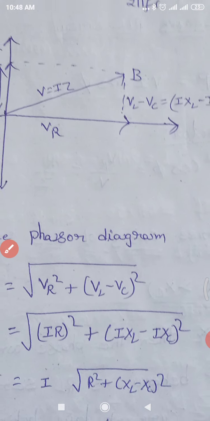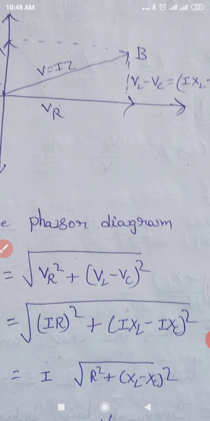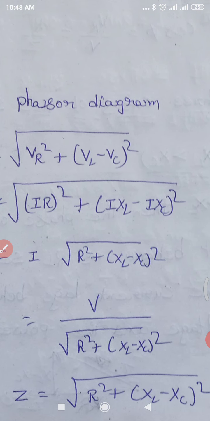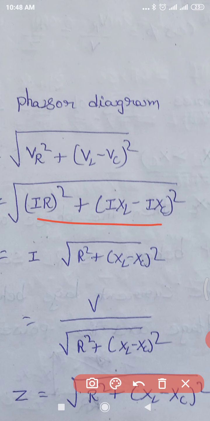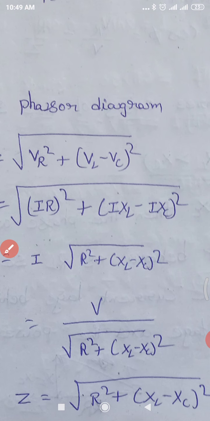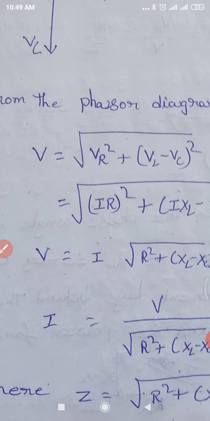Current exists in all the elements, so I am taking the current outside the root, and this is the remaining value. So V is equal to I into square root of R square plus XL minus XC whole square.